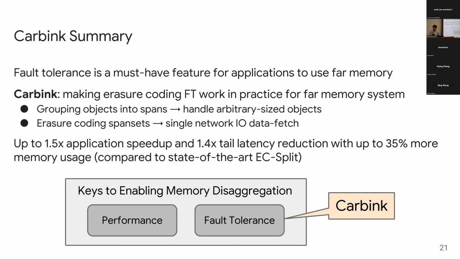I'm wondering if you compare this with a swap-based system. Because they already use 4 KB pages, without fault tolerance they should run slower than AIFM, but maybe the 4 KB pages are easier to do erasure coding, and altogether maybe it's still faster. I'm just wondering if you have any comments on that.